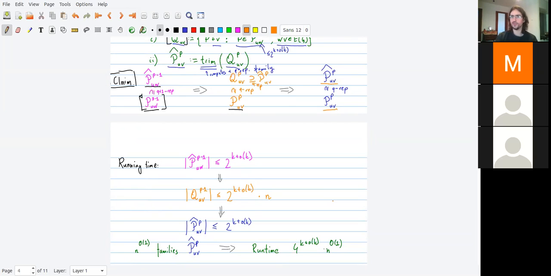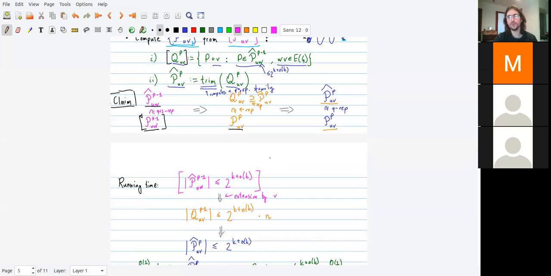So let's look at the running time of this. I knew by the induction assumption that my family before is of size at most 2 to the power k plus small o of k, because they were representative families that were computed before. Now if I apply all possible extensions by the vertex v, let's look at this formula here.